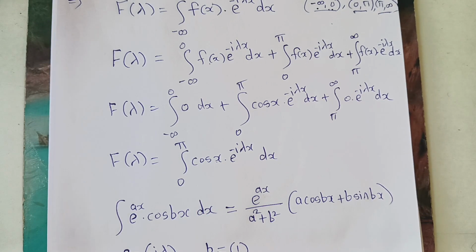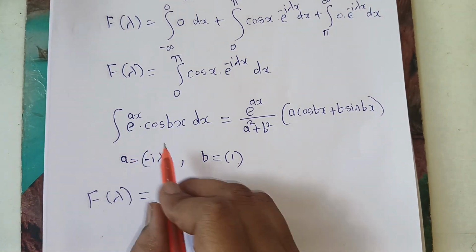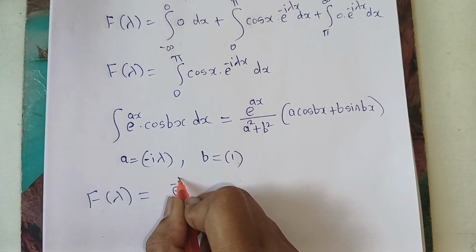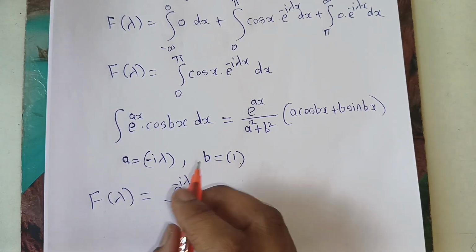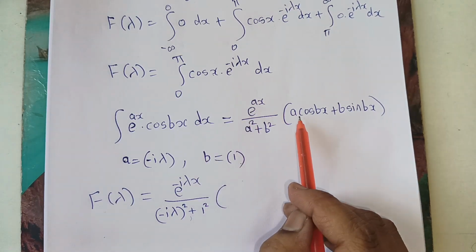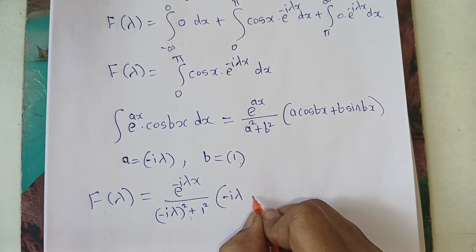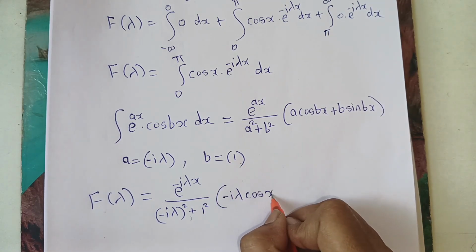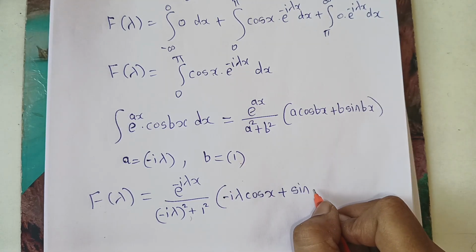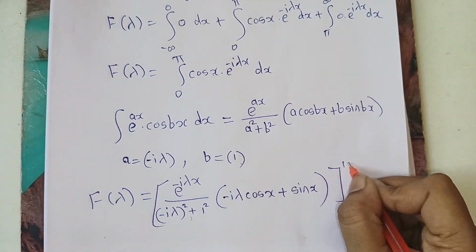So simply F of lambda is equal to e raised to minus i lambda x divided by a squared plus b squared, that is minus i lambda whole squared plus 1 squared, into bracket a times cos bx, that is minus i lambda times cos x, plus 1 times sin x. The limits of integration are 0 to pi.